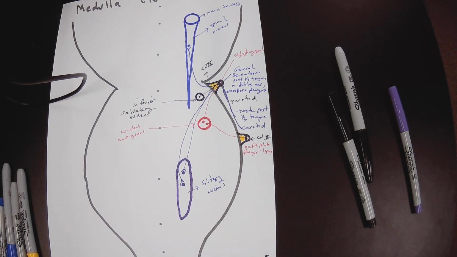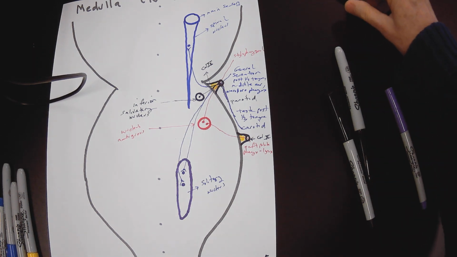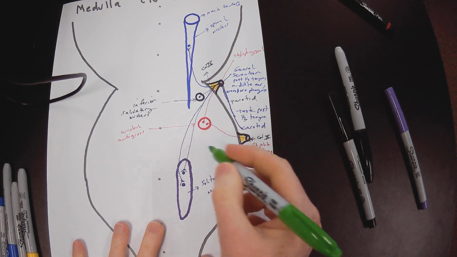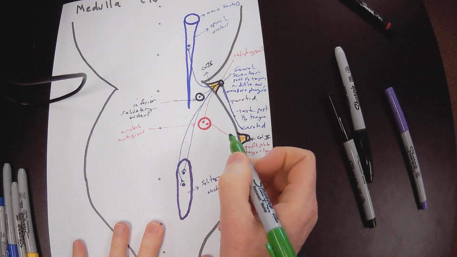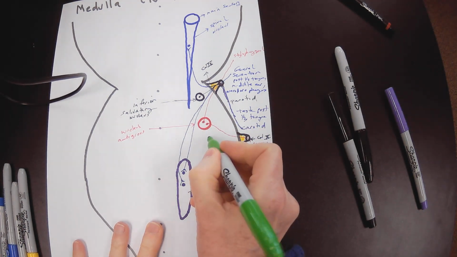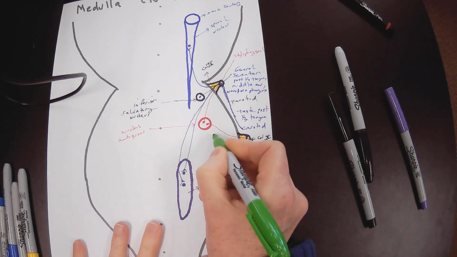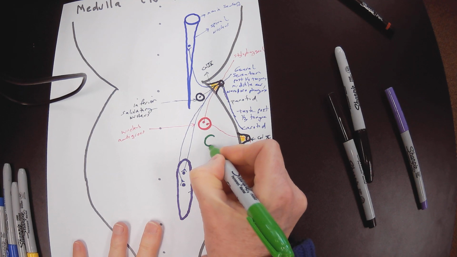Okay, when it comes to cranial nerve number 10, there's some parasympathetic innervation to heart, lungs, and GI tract. And that's going to have another nucleus. We drew it earlier, and this is going to be your dorsal motor nucleus. And since it's parasympathetic innervation, I'm going to go ahead and draw that here in a green color.